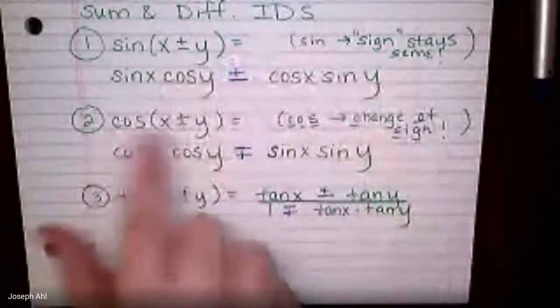Let's see how I'm going to use this right here, this information, specifically the cos equation, to go back and do something like cosine of 15 degrees, which was cos of 60 minus 45. Okay, so we've got to find cos 15. We know it's this.